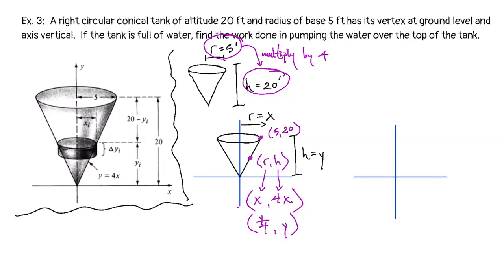That's going to give me something like this, with the point at the end being 5 comma 20. And I know that I'm going to stop here, and that's at y equals 20.